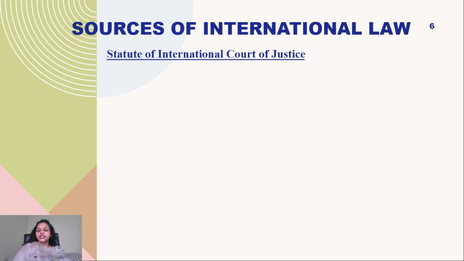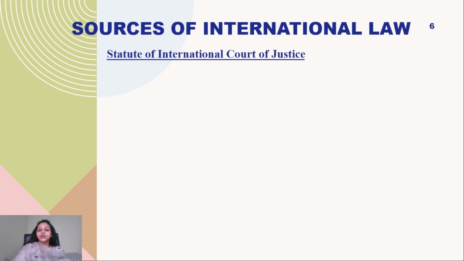Now, the Statute of the International Court of Justice talks about the role of the court, the ICJ, its power, duties, responsibilities, the tenure of judges, how the judges are selected, etc. In this, one of its provisions, which is important for our discussion today, is Article 38, Clause 1. Why? Because Article 38, Clause 1 talks about sources of international law as applicable in the International Court of Justice.